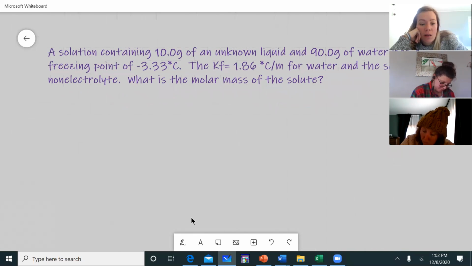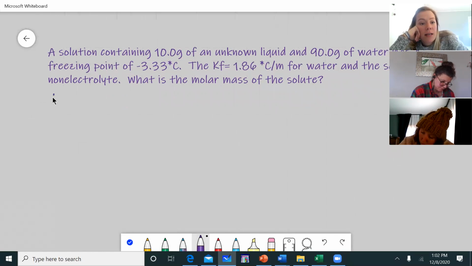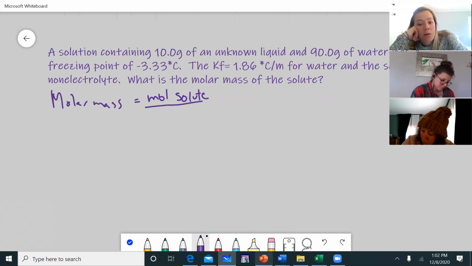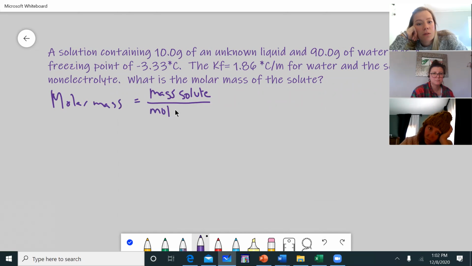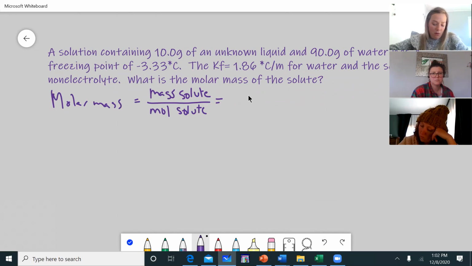So writing out or reminding yourself that molar mass is going to equal grams of your solute divided by moles of your solute. So grams over mole or grams per mole.